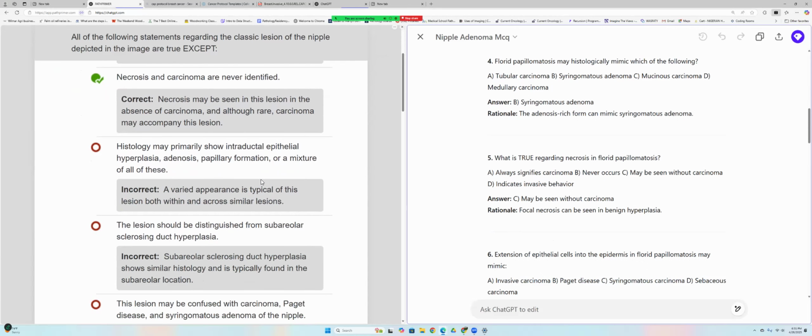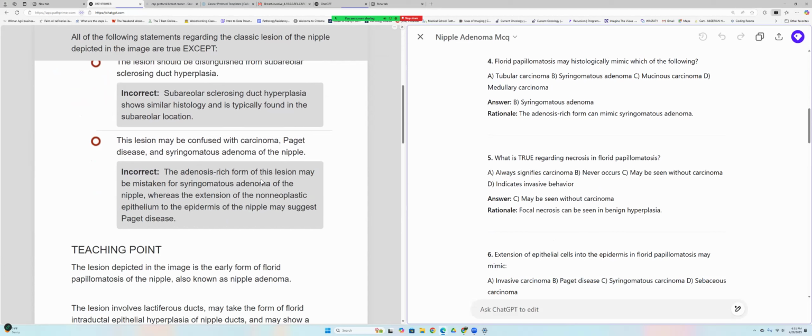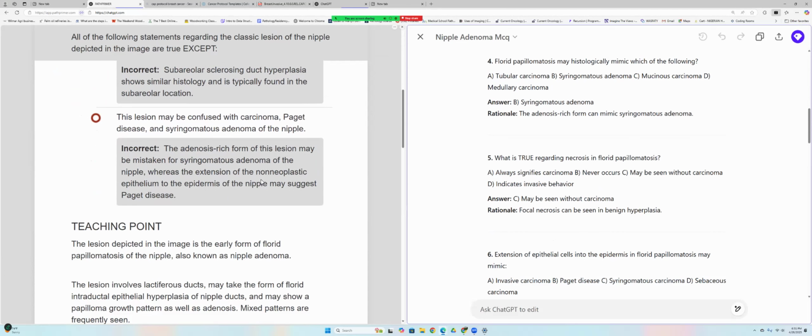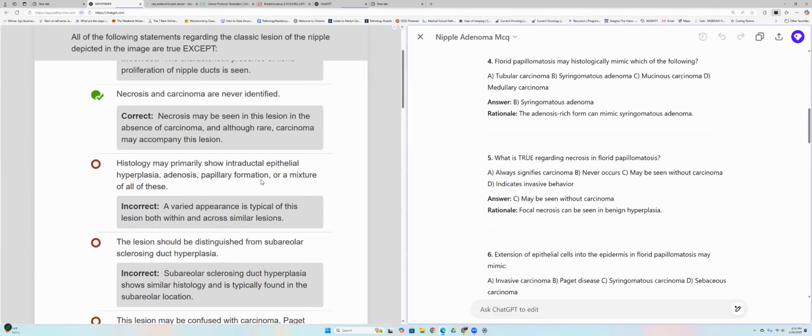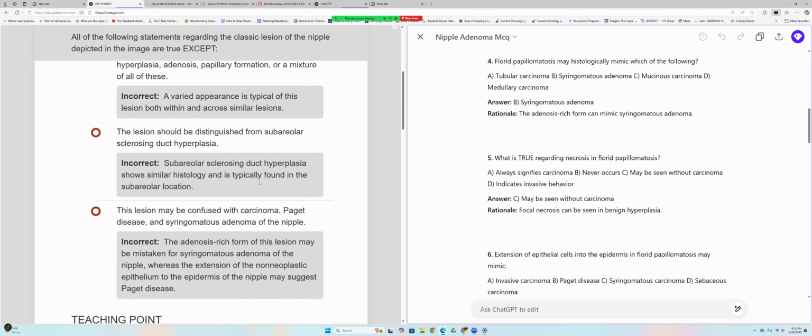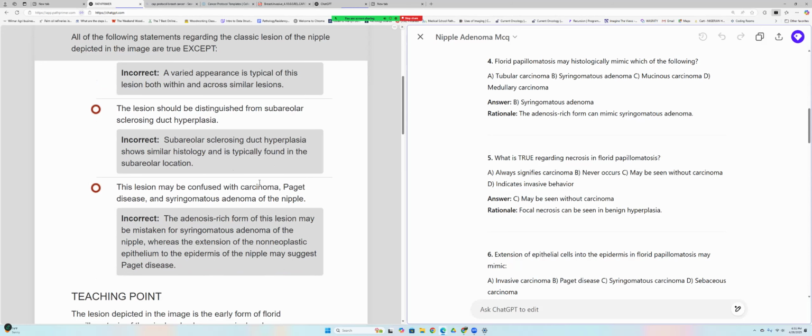Which one is different? This one, you see, white, and papillomatosis and things like that. But syringomatosis is just epithelial cells. So which one is different here?